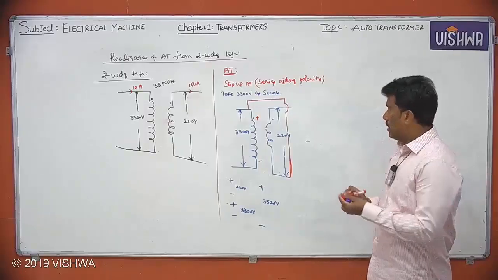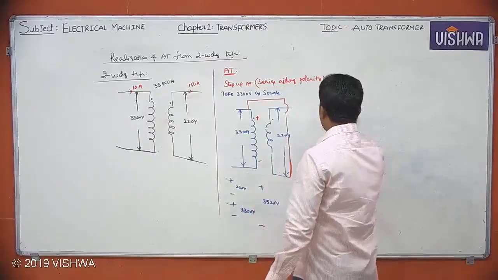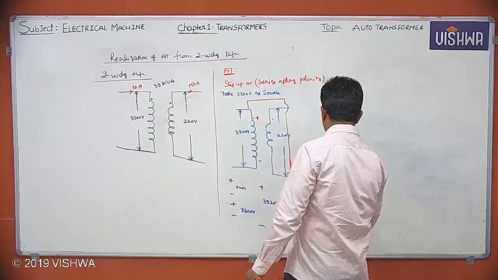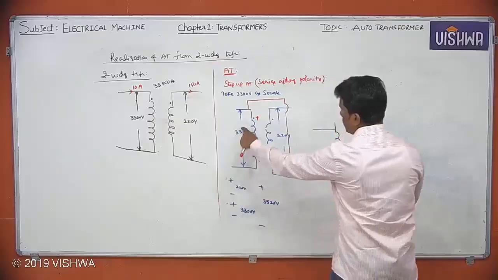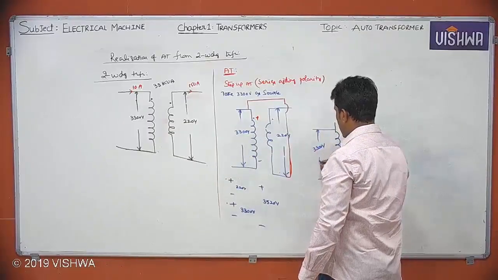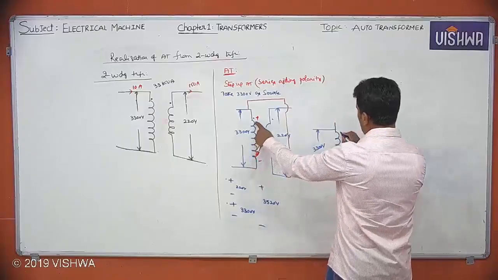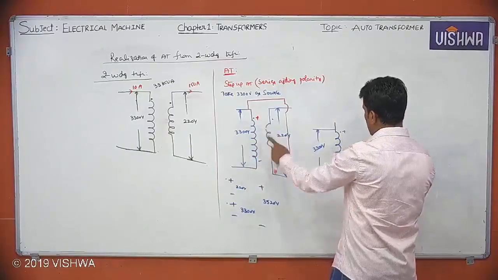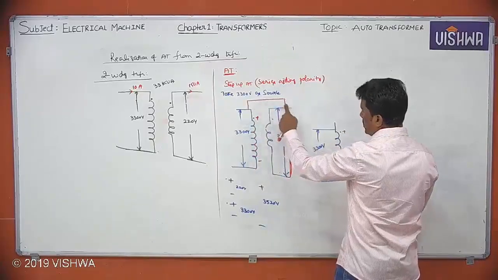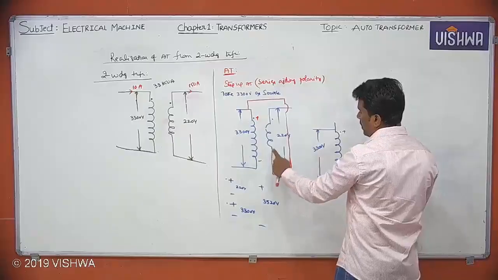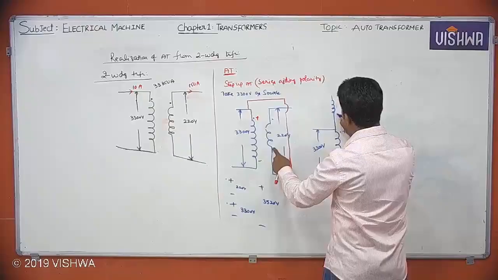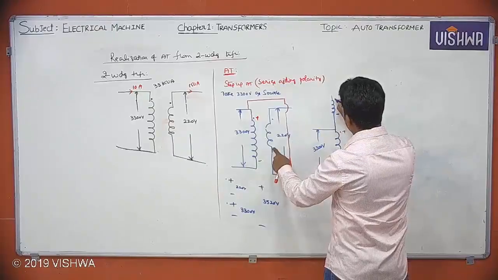I can redraw once again for your understanding. First I am writing the 3300 volts winding. Here the dot is there; dot means indirectly plus, here minus. To this dot, to this plus, is connected the minus of your 220 winding, and here the dot is there, plus.